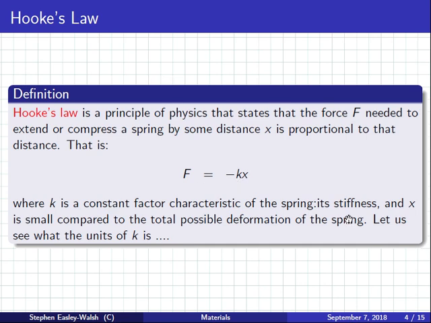It's like the stiffness. Here, the k is kind of small, but for something like wood, the k is bigger. If it's easy to pull, the k is small. If it's hard to pull, the stiffness, the k, is a bigger constant. This is called Hooke's Law.